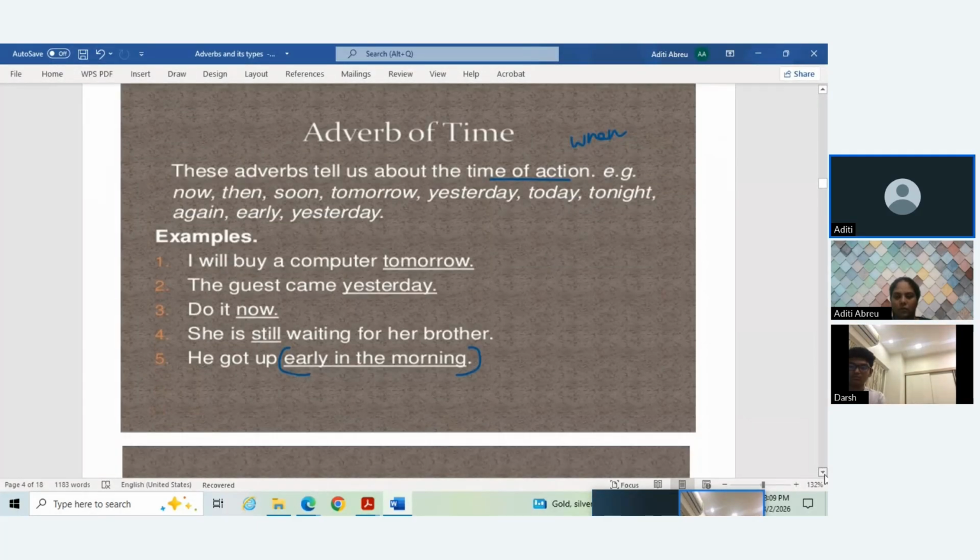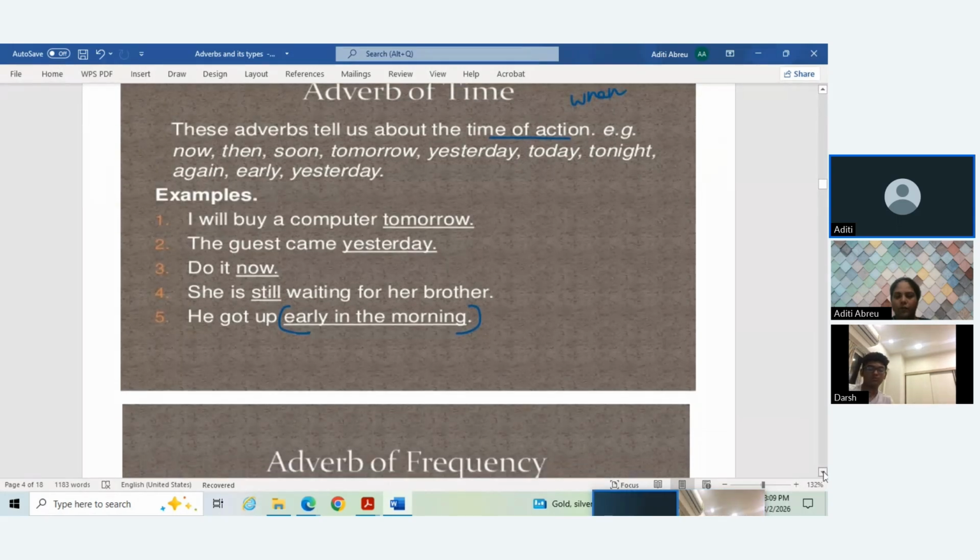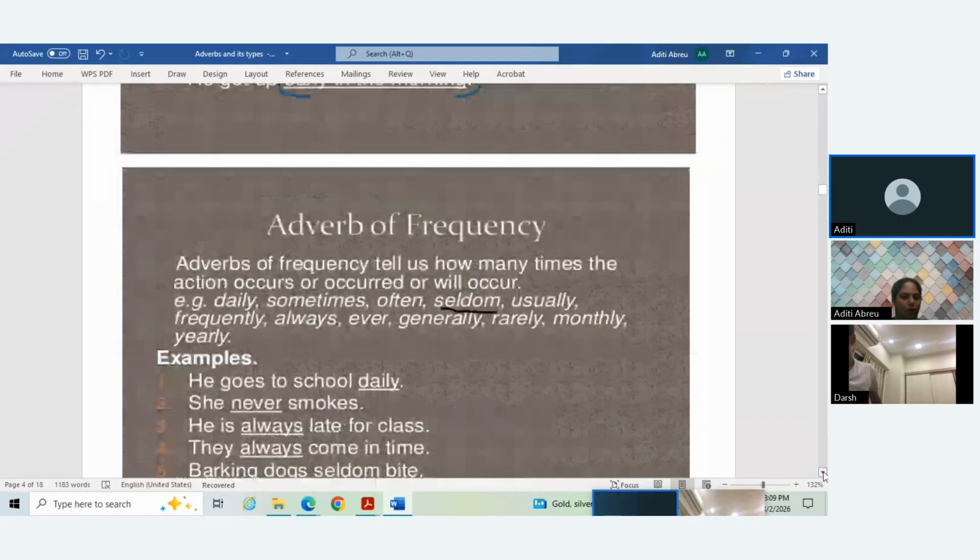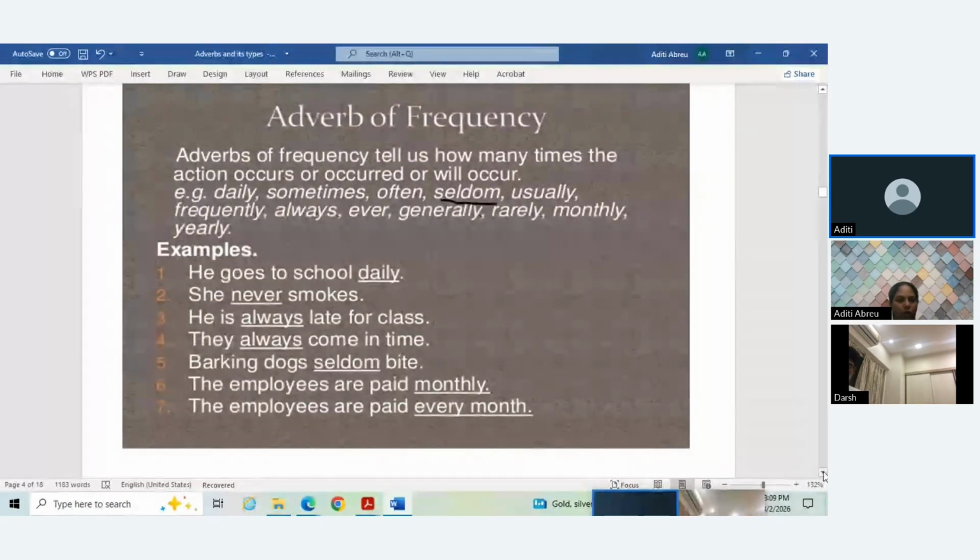Next is adverb of frequency. Frequency is part of time only, however, in a broader sense. Like time tells you exactly when, frequency tells you how often, how many times. It will include many as well as none. So both the frequencies are included.